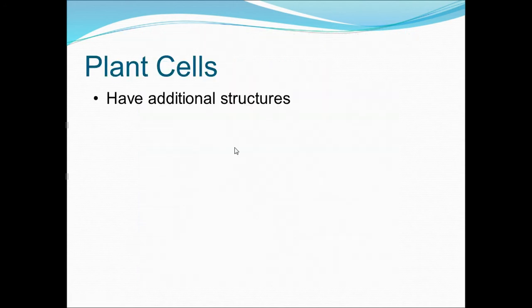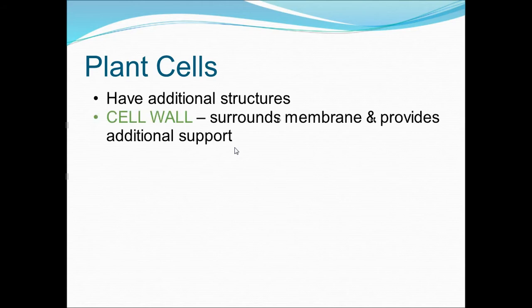Plant cells have some additional structures, things that animal cells do not have. The first is a cell wall, which surrounds the membrane. So the outside edge is the membrane, and then outside of that is the cell wall. It provides additional support so that plants can actually stand up as opposed to falling over. They don't have the skeleton that animals would.